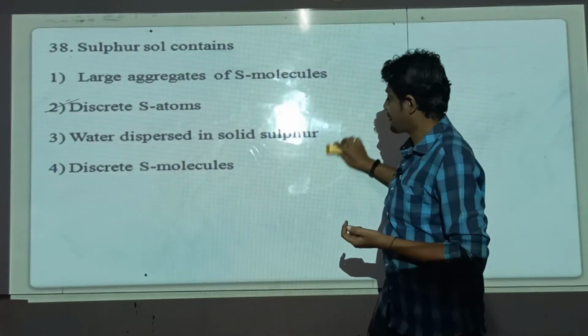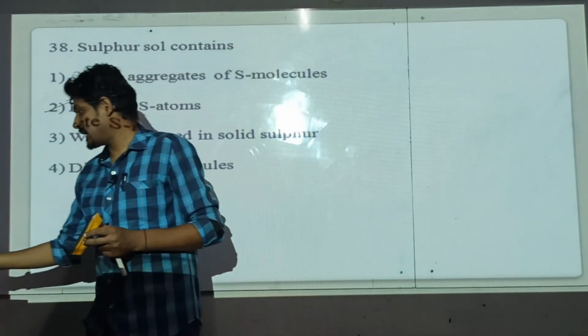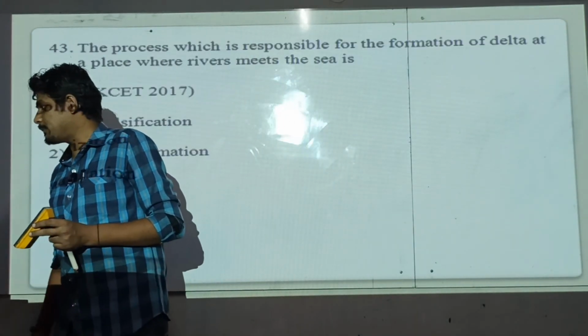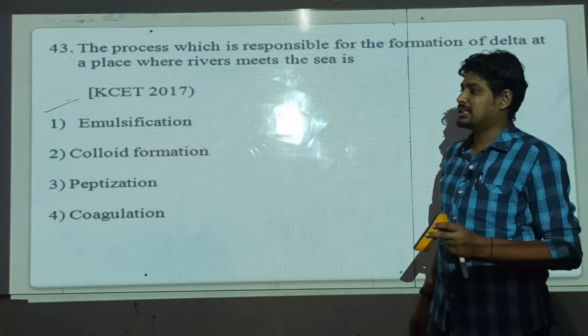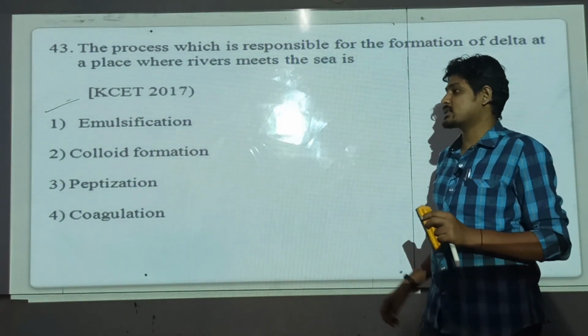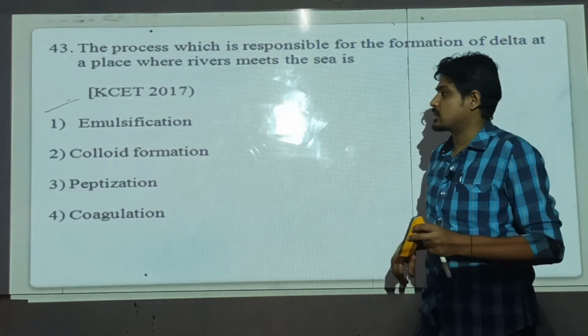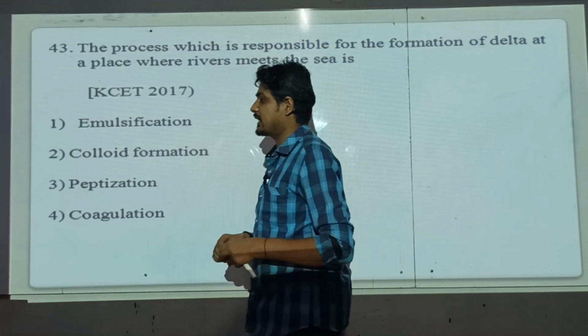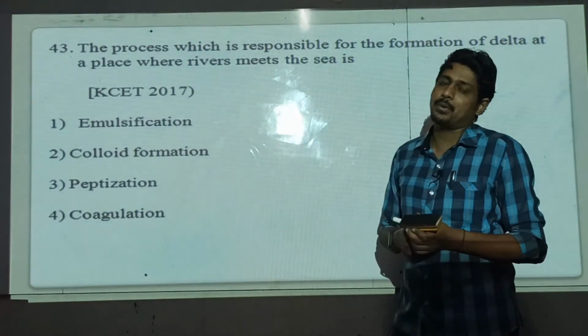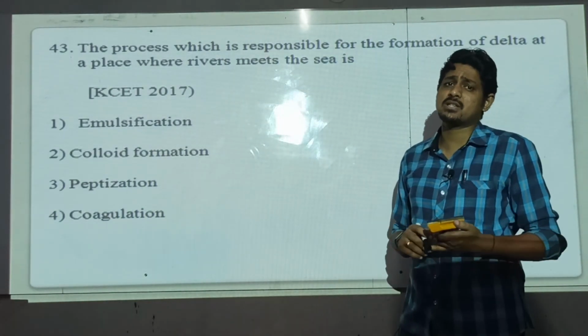Next, the process responsible for the formation of a delta at a place where rivers meet the sea. When a river meets the sea, it is called the delta region. What will happen in the delta region? We have discussed it two or three times in this session.